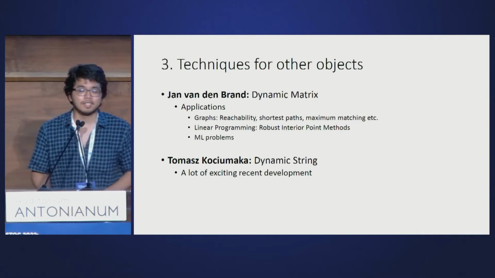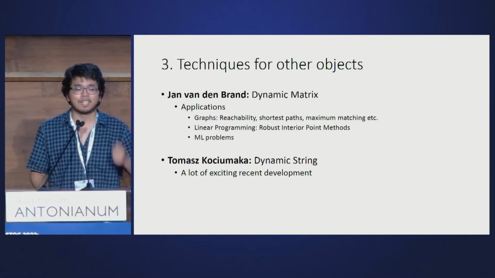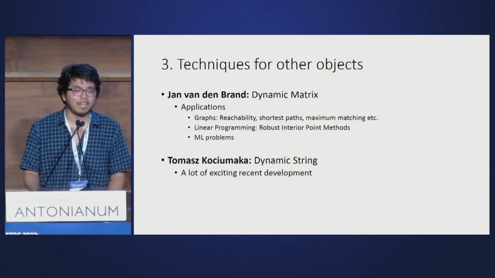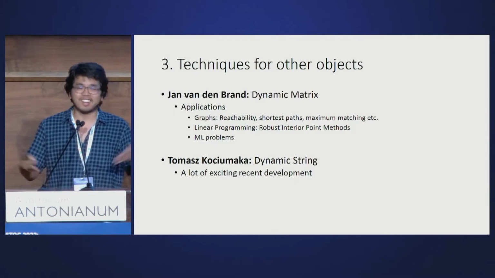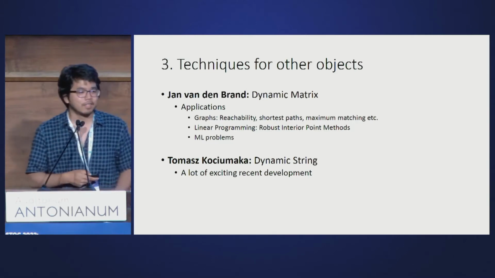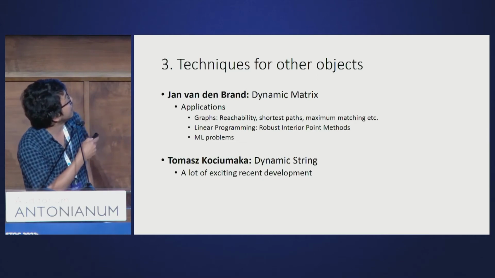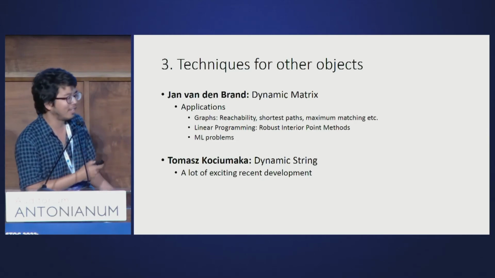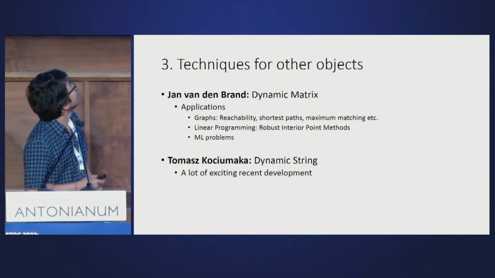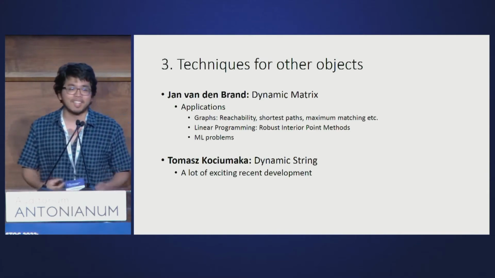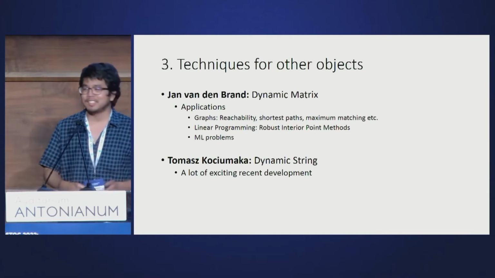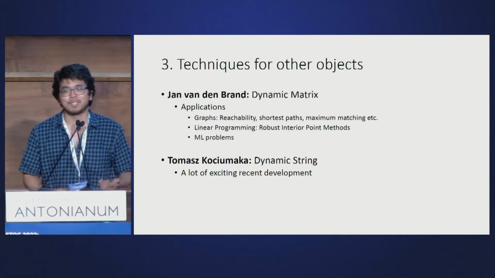This dynamic matrix algorithm turns out to have a lot of applications in graphs too, like reachability, shortest path, maximum matching, and many other problems. But not on graphs only. It is useful for linear programming too.